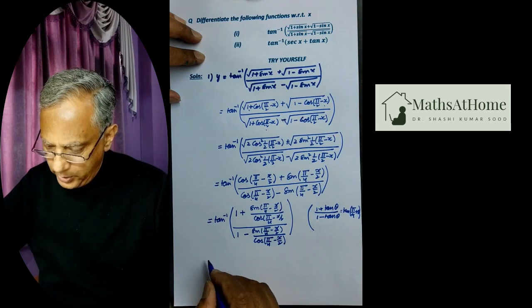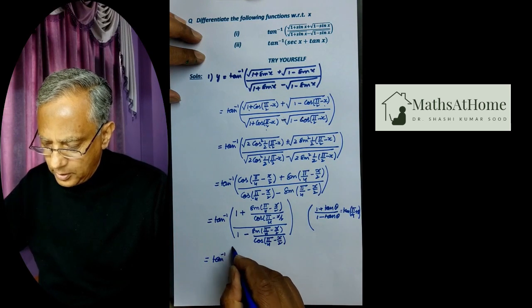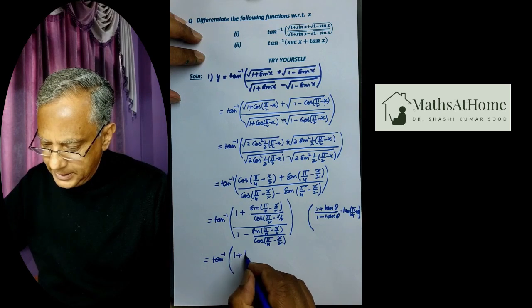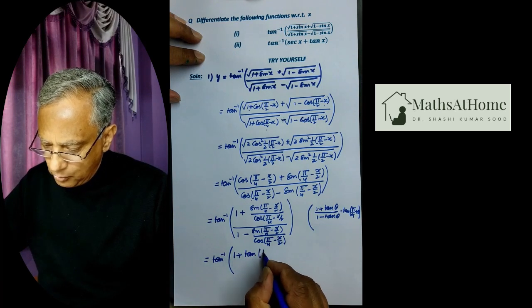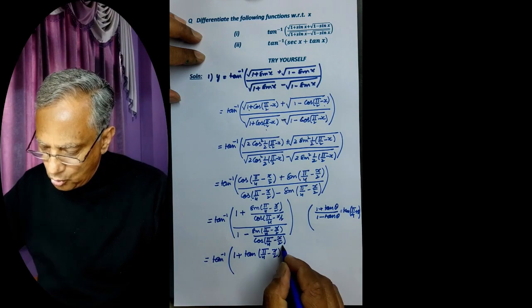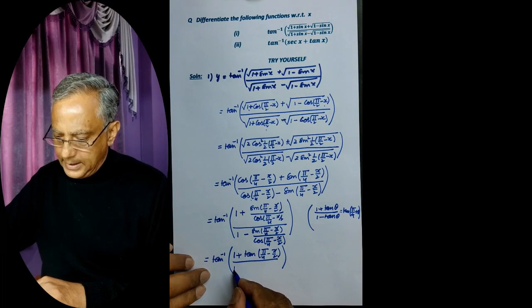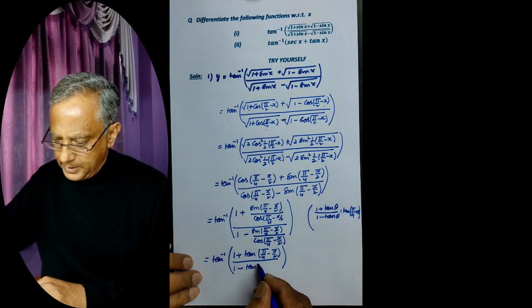So what we get is tan inverse of 1 plus tangent pi by 4 minus x by 2 whole divided by 1 minus tangent of pi by 4 minus x by 2.